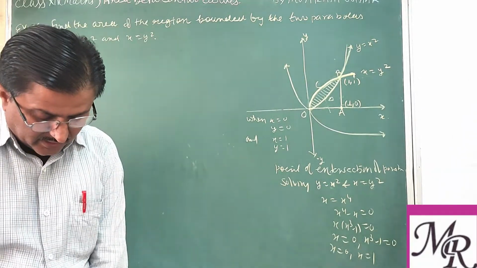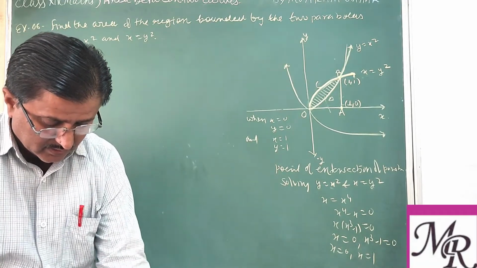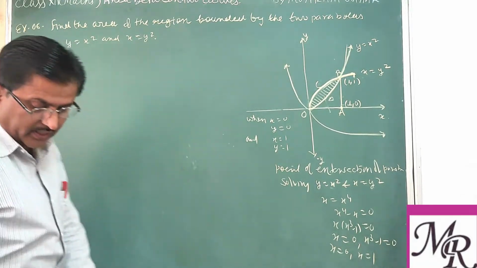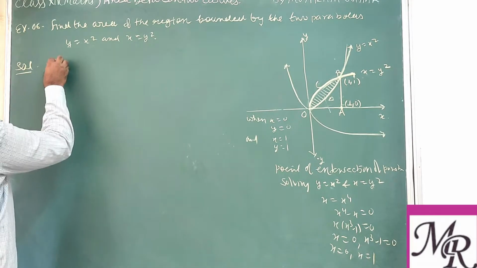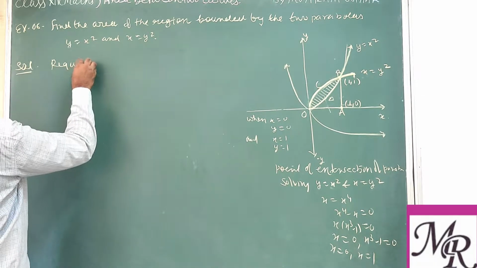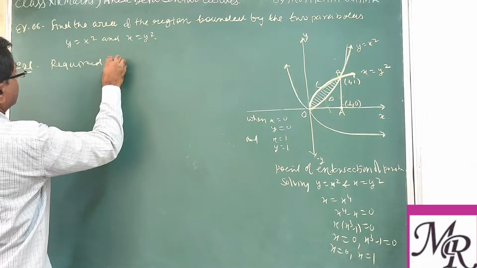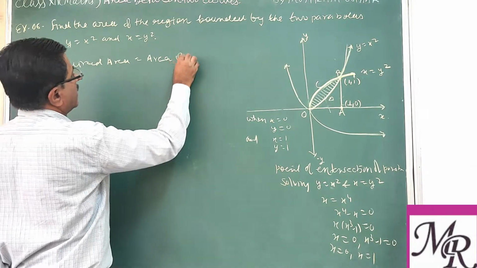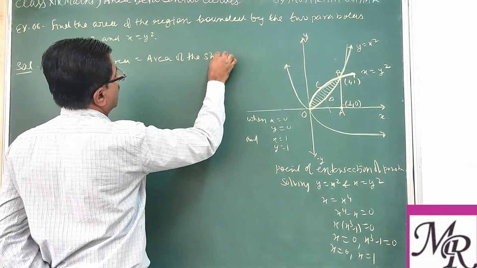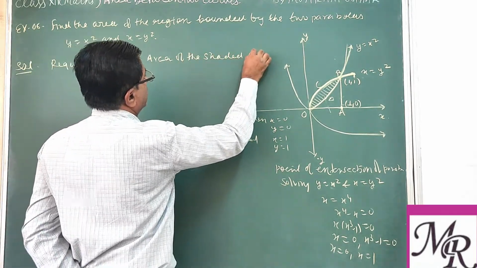So you can write here in the solution: therefore, required area equal to area of the shaded region.